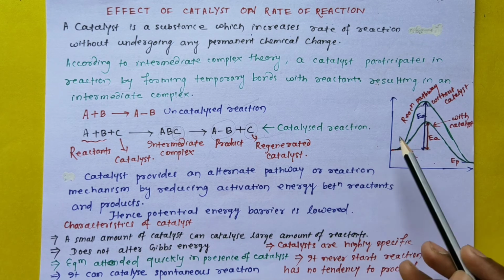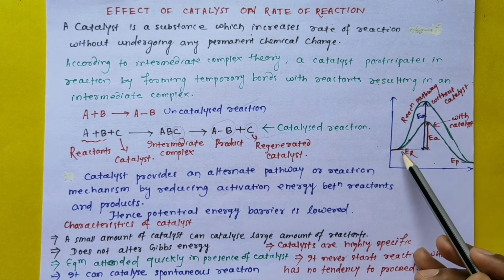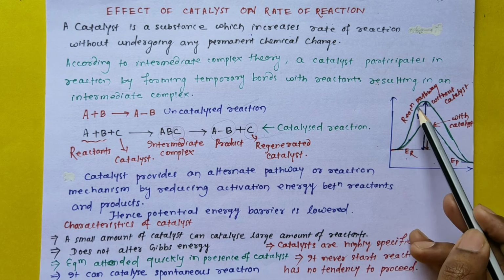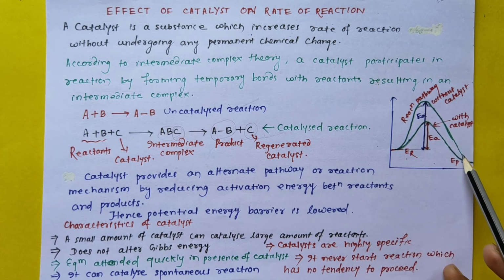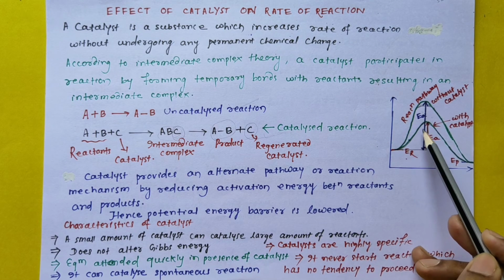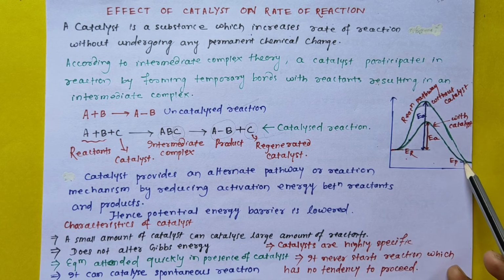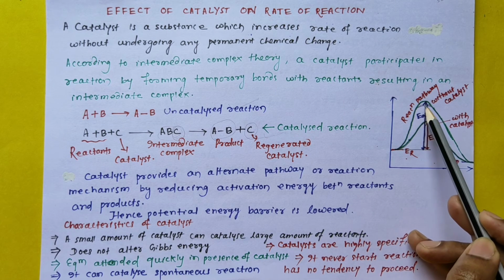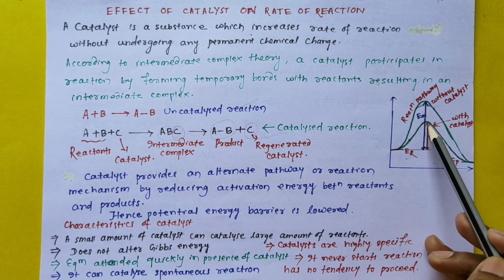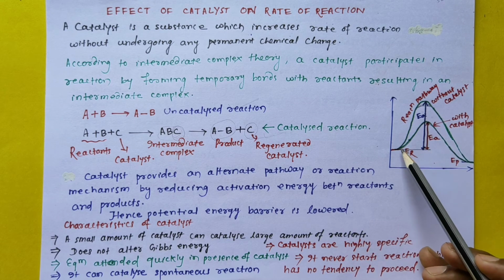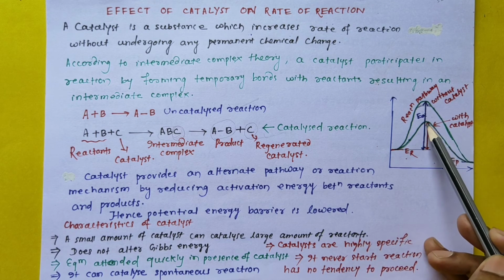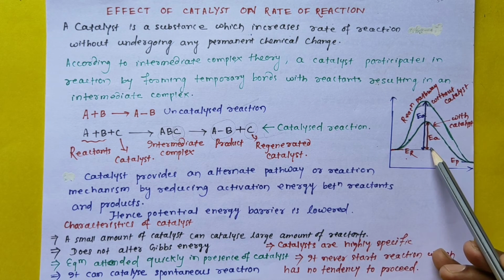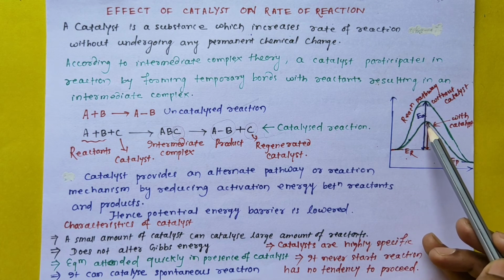You see this curve and this curve. This is the reaction pathway without catalyst, and this curve represents the reaction pathway with catalyst. Without catalyst, you can see the activation energy needed is very high, but for this one the activation energy needed for the reaction is very low as compared to that.